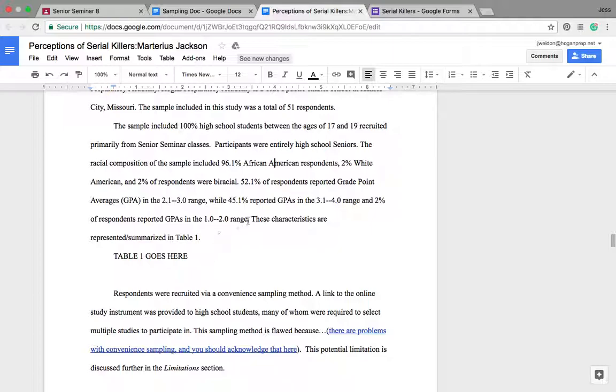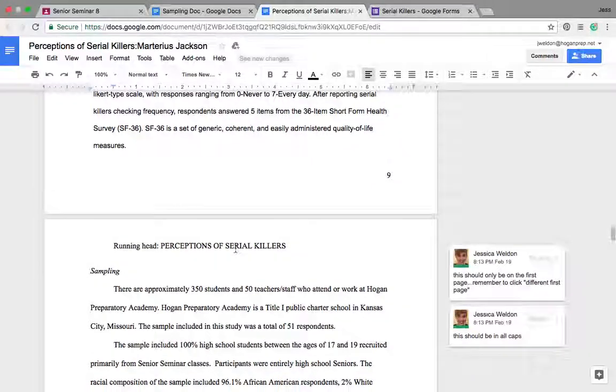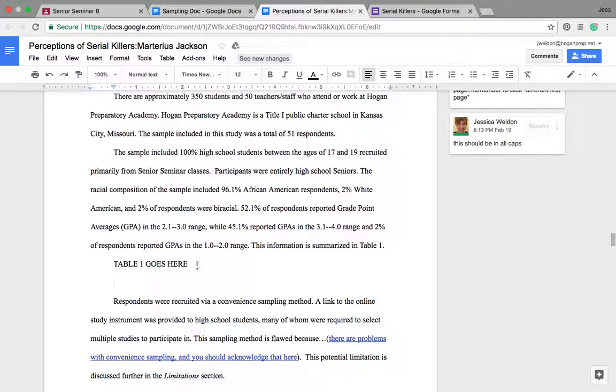Okay. Then you need to say something like these characteristics or this information is, then you can pick between represented or summarized. Don't put them both, is summarized in table 1. Okay, and then your next question is, Ms. Weldon, where's table 1? Well, I'll show you.